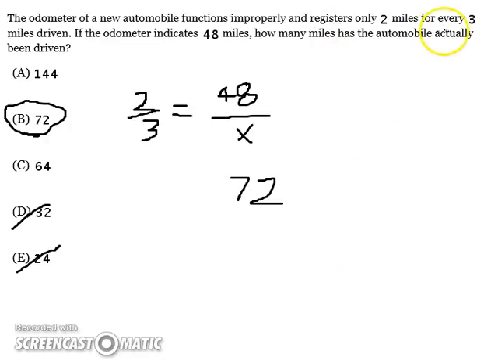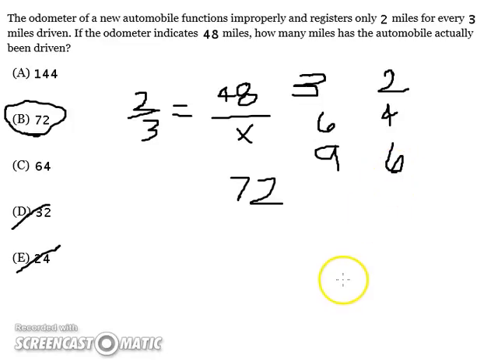Also, for every 3 miles that you drive, the odometer shows 2 miles. So if you drive 6 miles, it's going to show 4. If you drive 9 miles, it's going to show 6. So if you'll notice, the actual amount of miles driven is more than what's shown on the odometer.